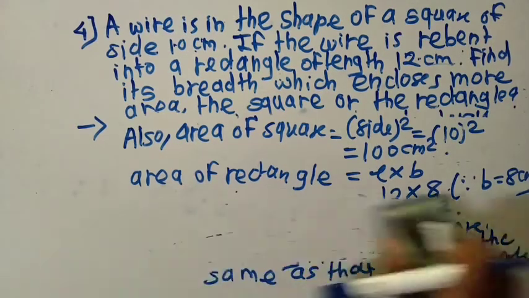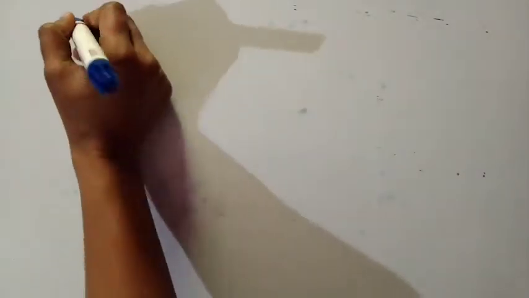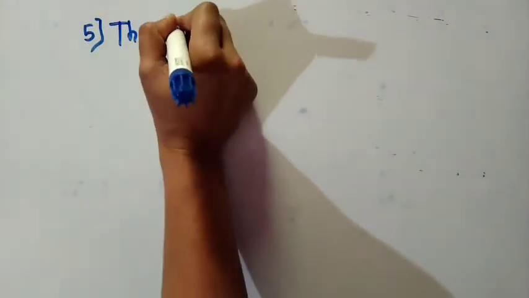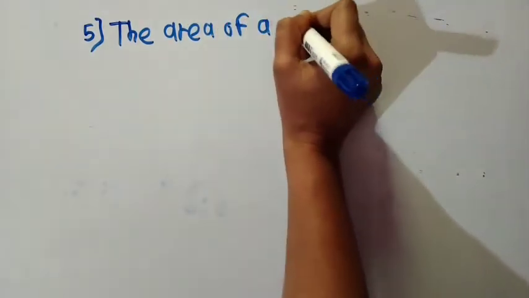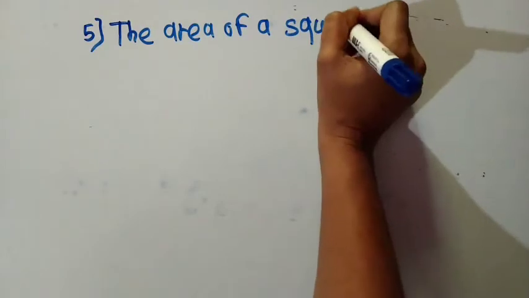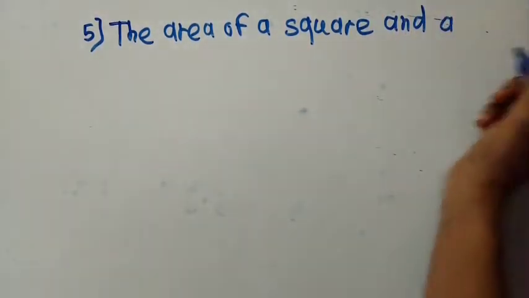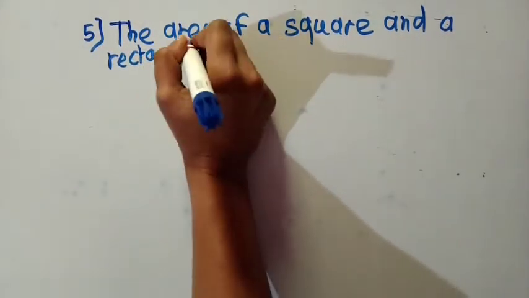Then we give the next example. The area of a square and a rectangle are equal.